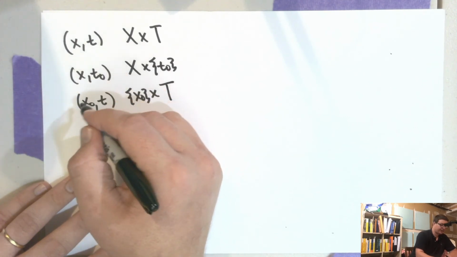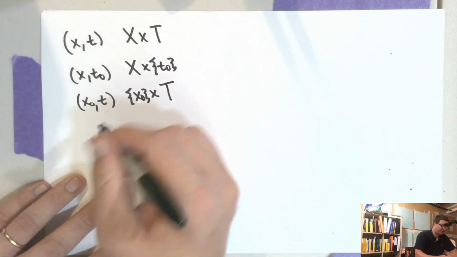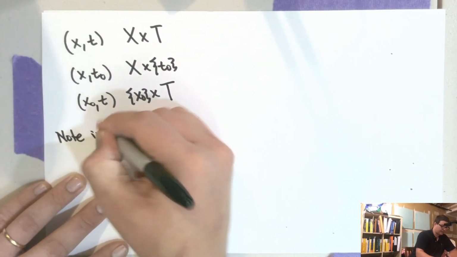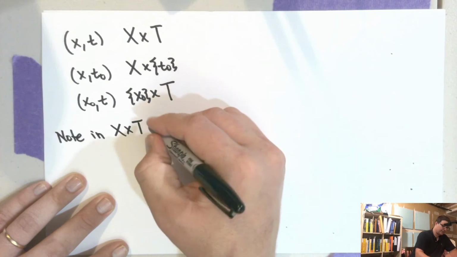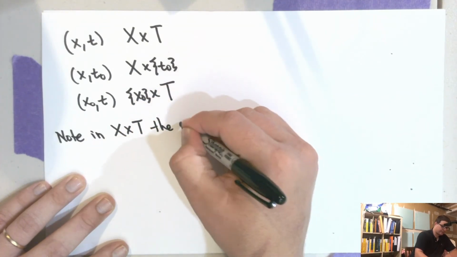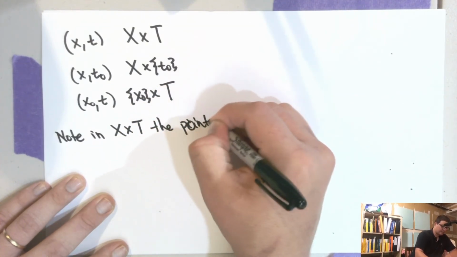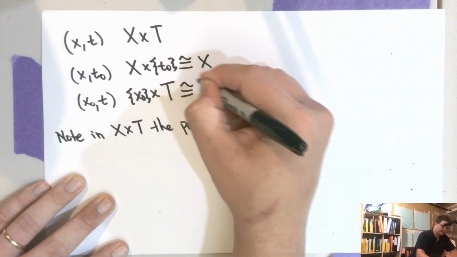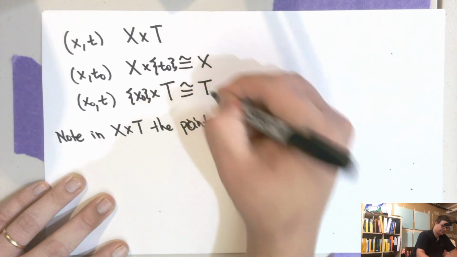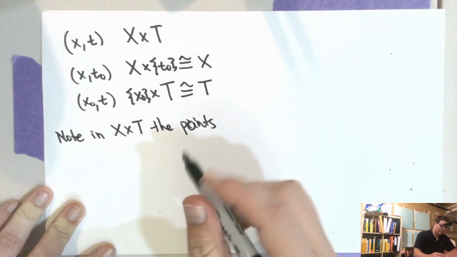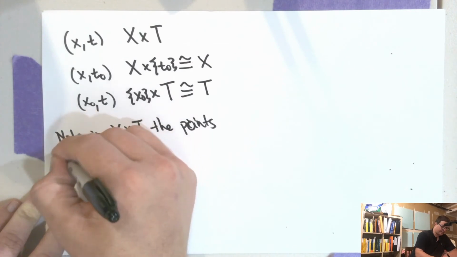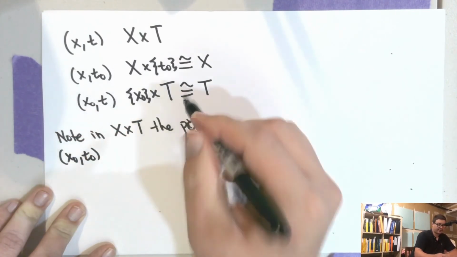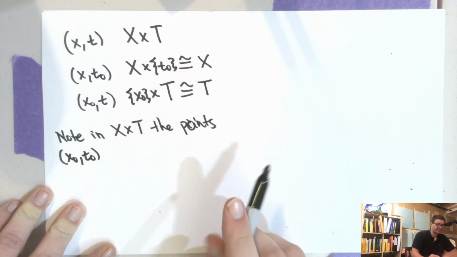So note that in x cross t, the points x naught, t naught in one copy are identified, and in the other copy they're also identified.